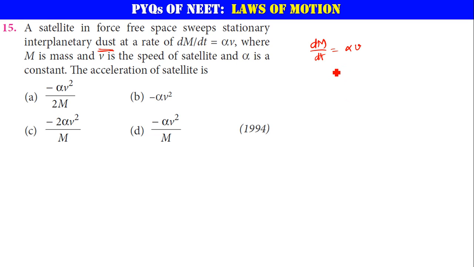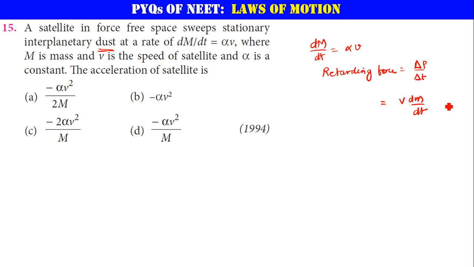So now the retarding force is nothing but the rate of change of momentum. What is the rate of change of momentum here? It is v into dm by dt, because m dv by dt is already 0, because it is constantly sweeping.